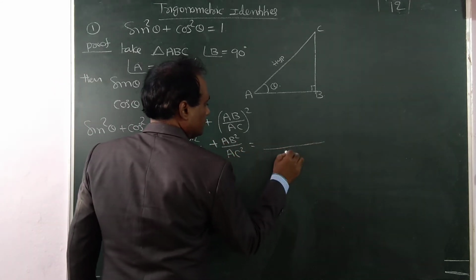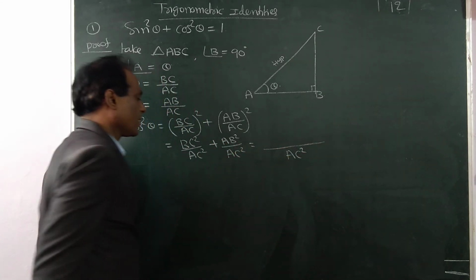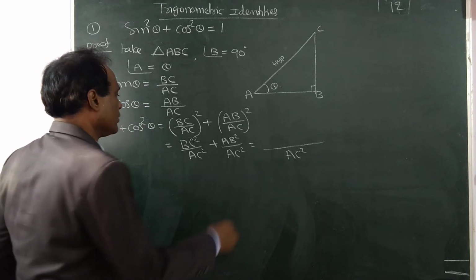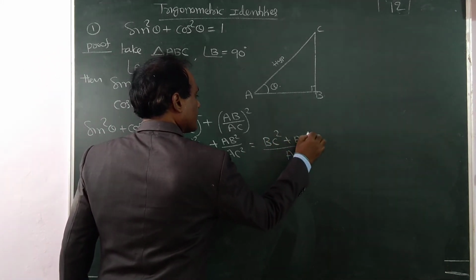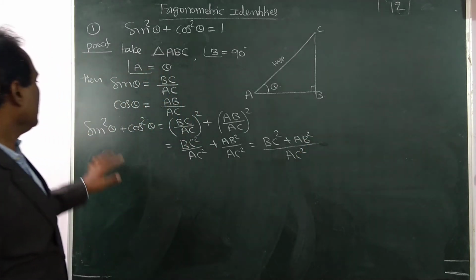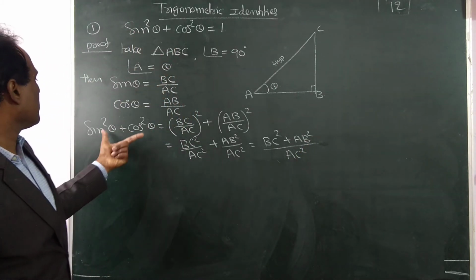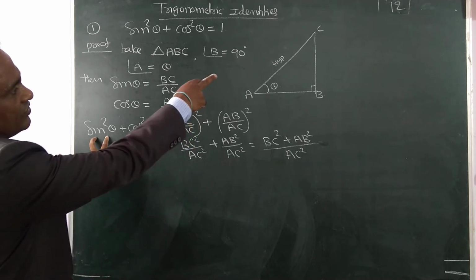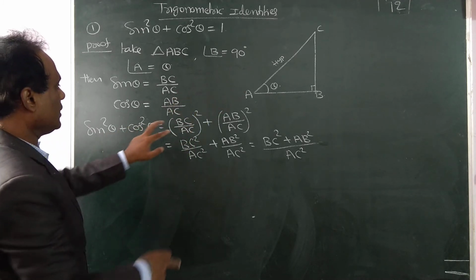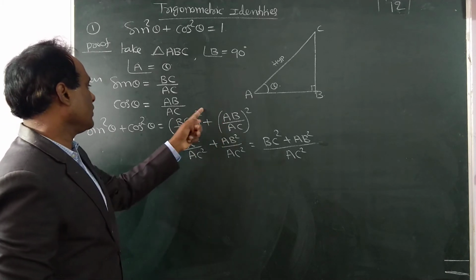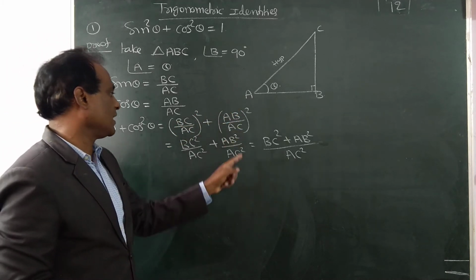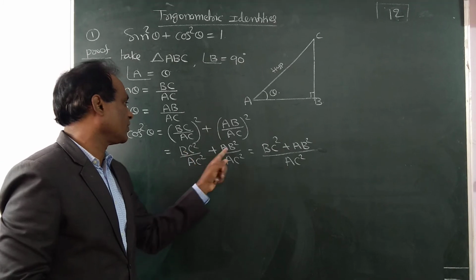Take LCM. What is the LCM? AC square. The numerator is BC square plus AB square.